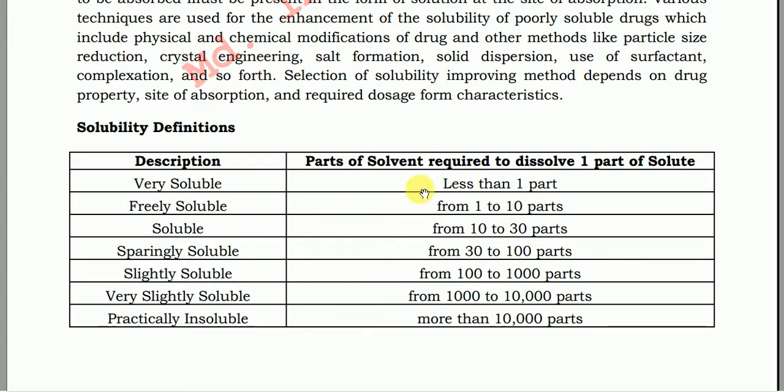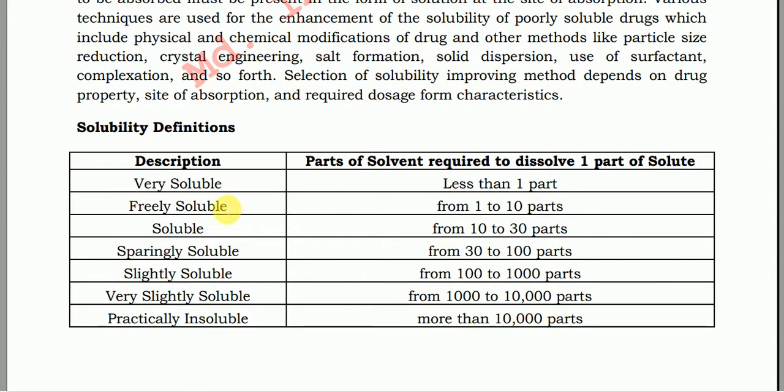Freely soluble requires 1 to 10 parts of solvent. For example, if 1 gram of sugar can be dissolved with 1 to 10 gram of water, then we will say that this sugar is freely soluble.